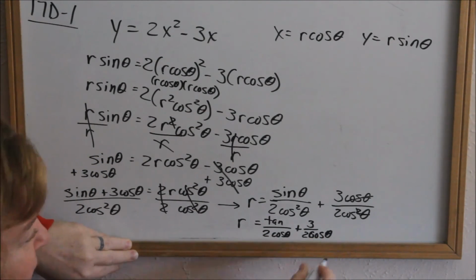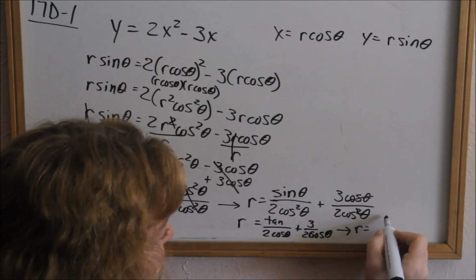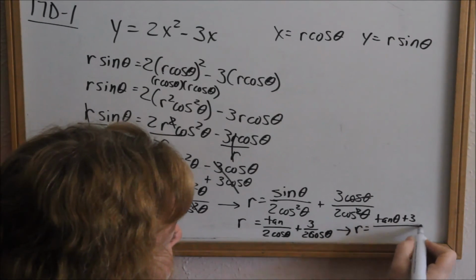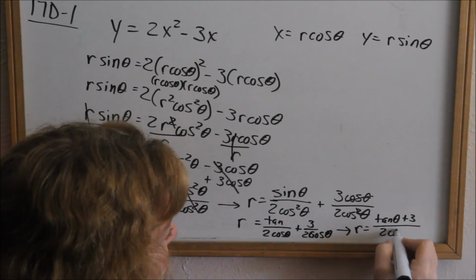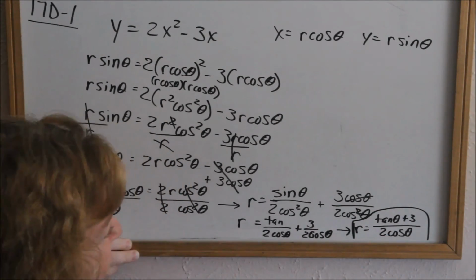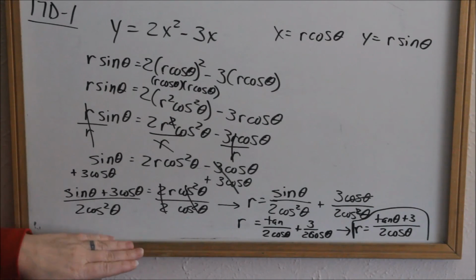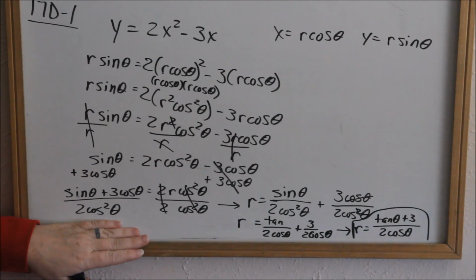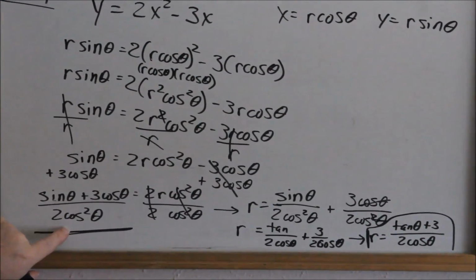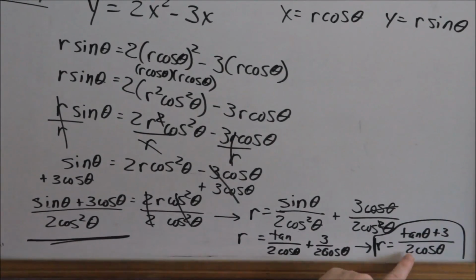So now I can combine that into 1 denominator. R equals tangent theta plus 3 all over 2 cosine theta. And again, it gets tricky on how to know how far to simplify it down. So if you had left it like this, r equals this, that's not wrong, but you can separate these and then simplify a little bit more to where you get down to this.